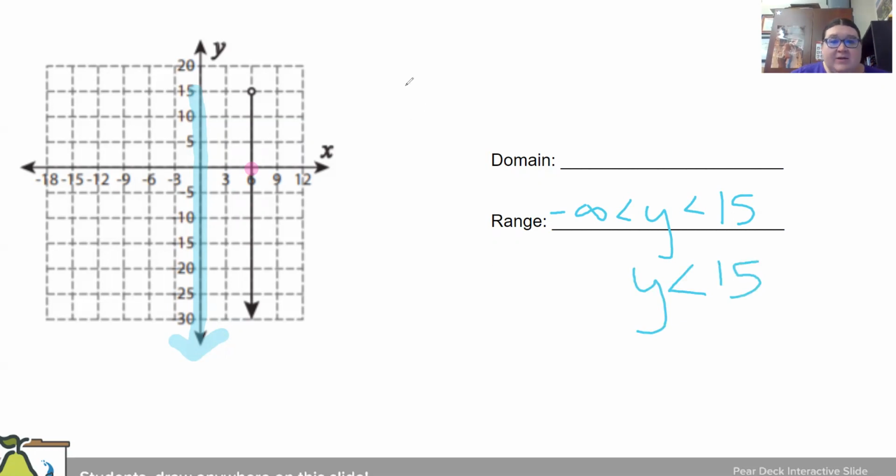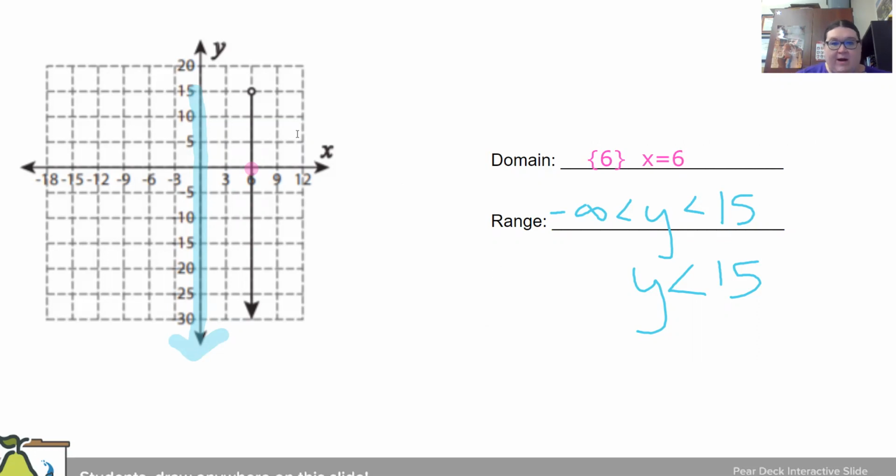And then when we go back to our domain, since it didn't move left or right off of this line, our domain is going to look more like it's discrete instead of continuous. So the domain is actually just going to be the number 6. You could do it like this, or you could even just say x equals 6, which is actually the equation of the line because it just always stays at 6.